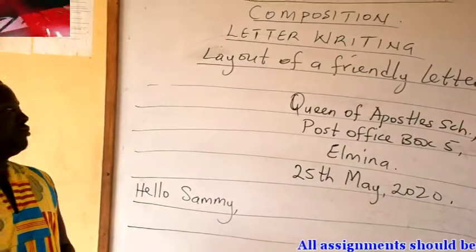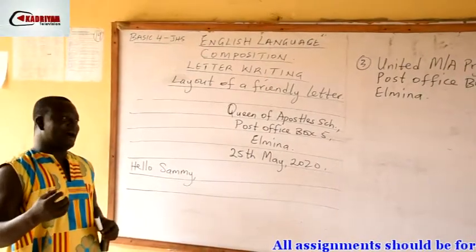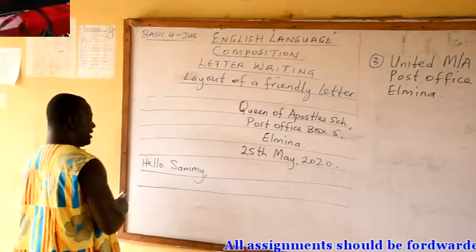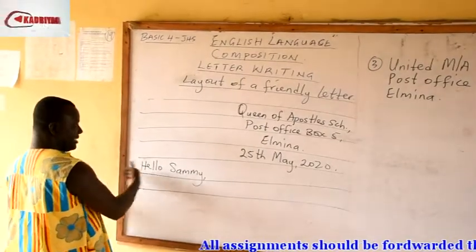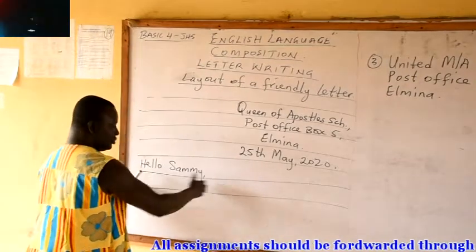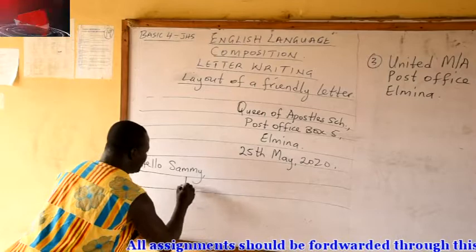Then you come to the next one, which is introduction. Please, after writing this, at the corner here, when you are starting, you have to leave a paragraph. So you come and start from here.